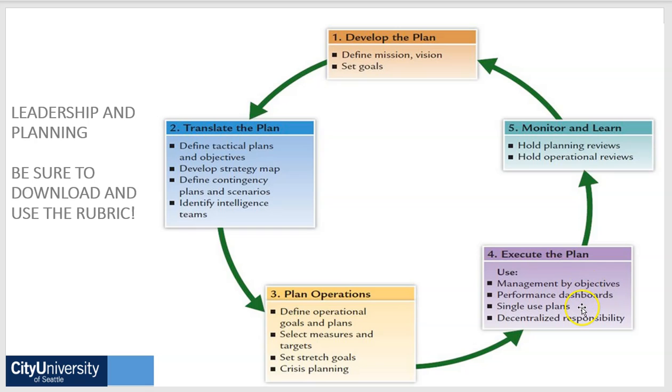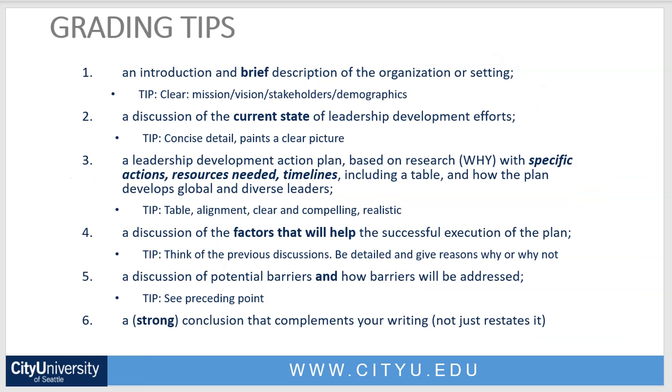How do you actually execute the plan? What does it mean? And then how do you know you've gotten there? How do you know? How do you measure it? What sort of barriers? So this is a little planning diagram and model really about looking at a plan, thinking about the implications and the issues as the first part, and then the second part is how do you actually get the plan done?